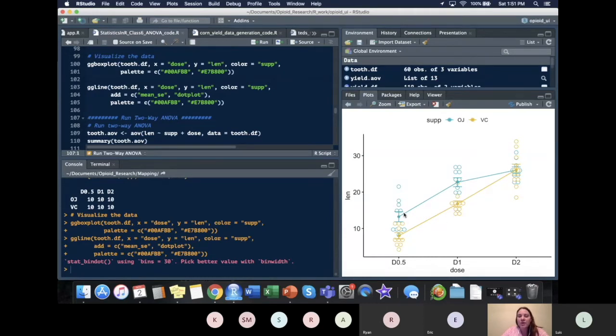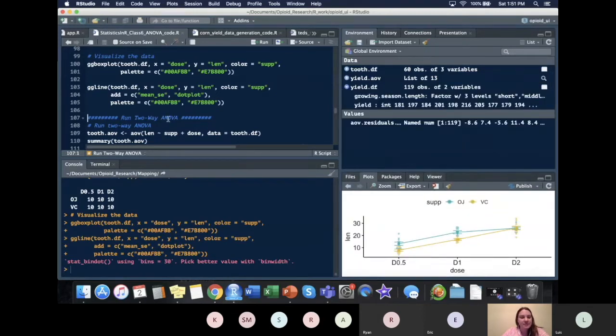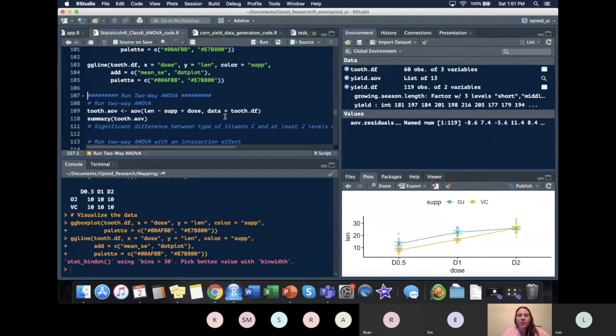So you can also see very clearly using that our tooth length is increasing as our dosage increases. So there's a much bigger increase between dose 0.5 and dose 1, and there's a smaller increase between dose 1 and dose 2. So that we'll have to keep in mind to see if our results make sense later on. So we're going to run that ANOVA.